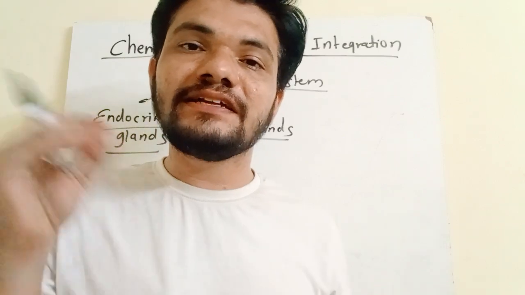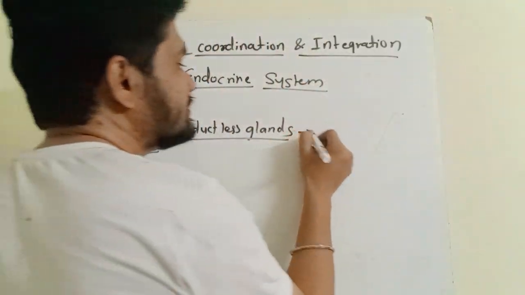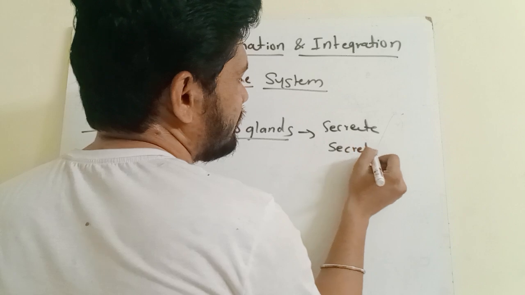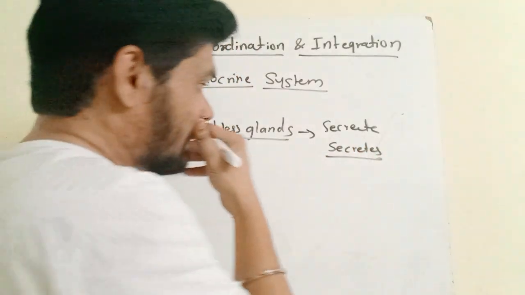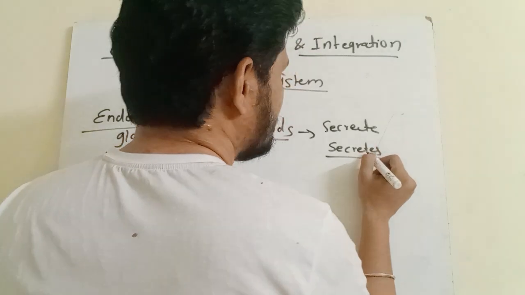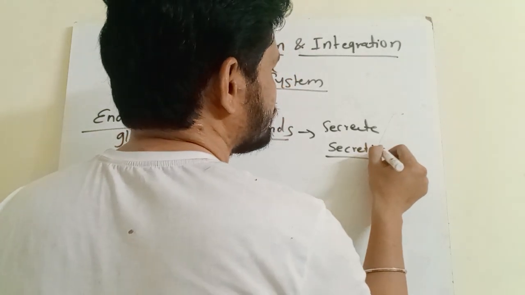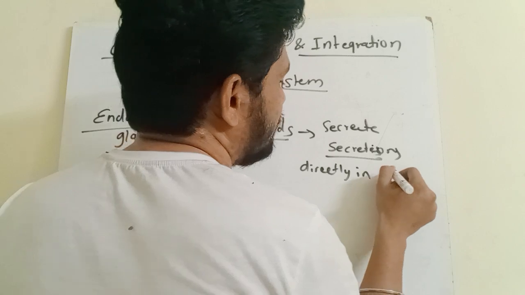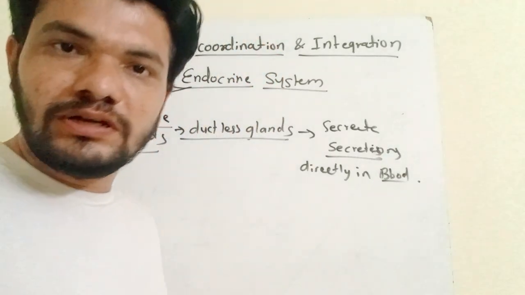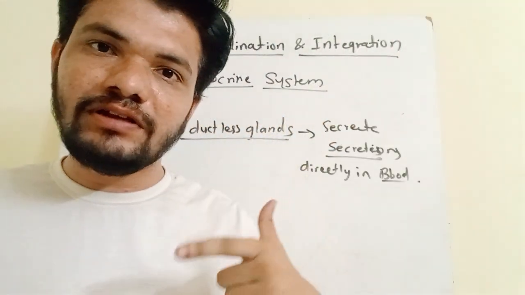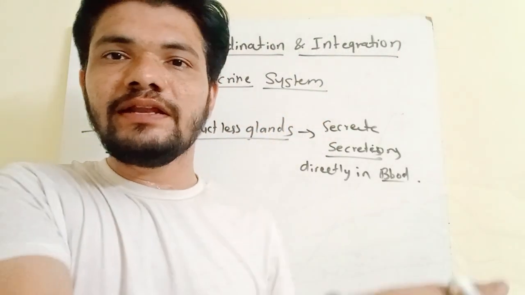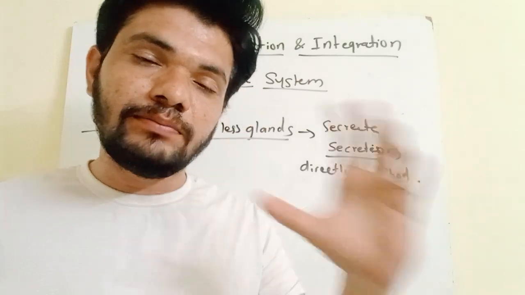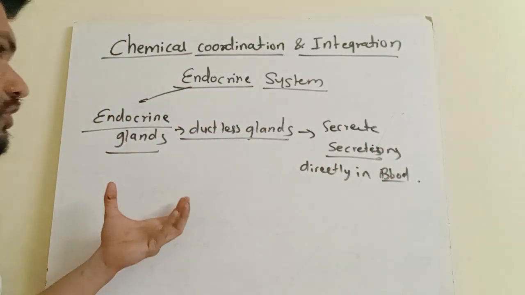So they secrete their secretions, which are basically hormones or chemicals, directly into the blood. And from the blood, those hormones are transported to their targeted organs, and they affect that organ and make the essential changes in that particular body organ. This is the function of endocrine glands.